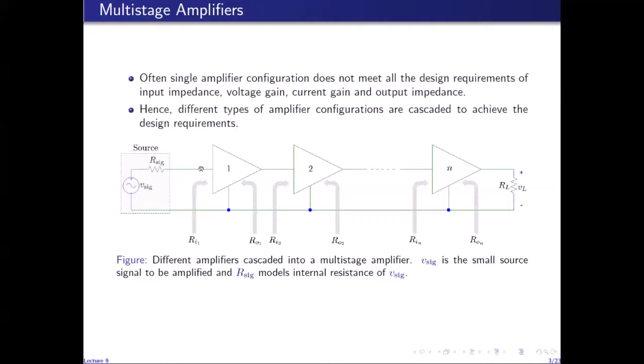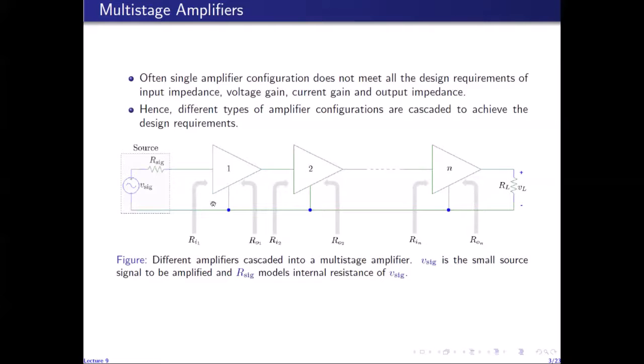That is, it nullifies the effects of noise at the input of the amplifier. The middle stages are typically designed for the voltage gain. And this final stage, which is also called the output stage, is typically designed to have large current gain or large power gain.